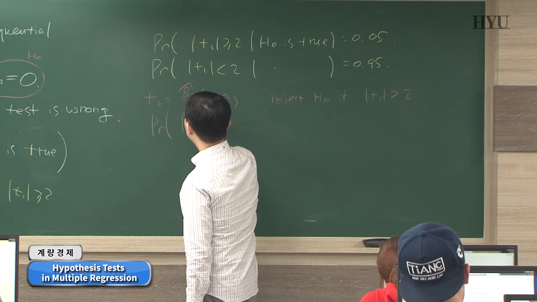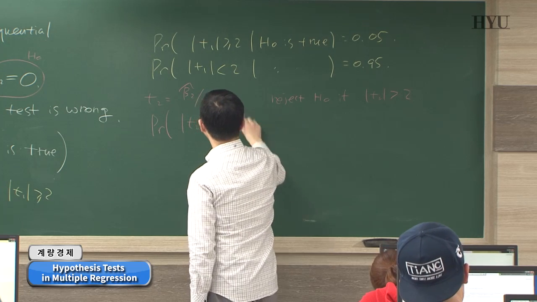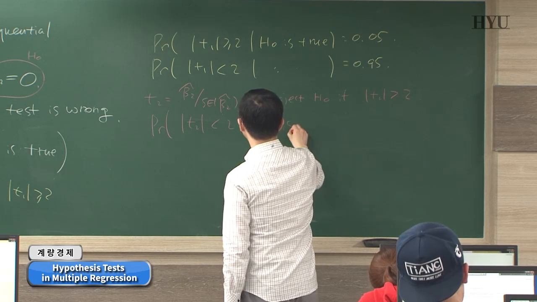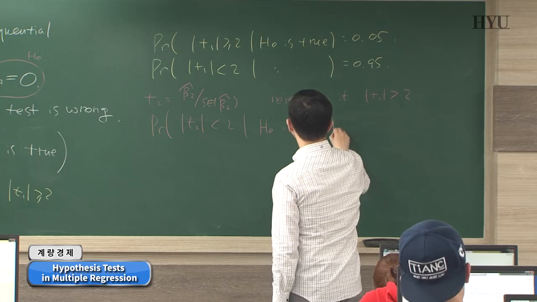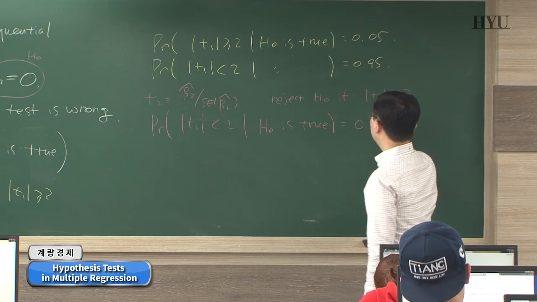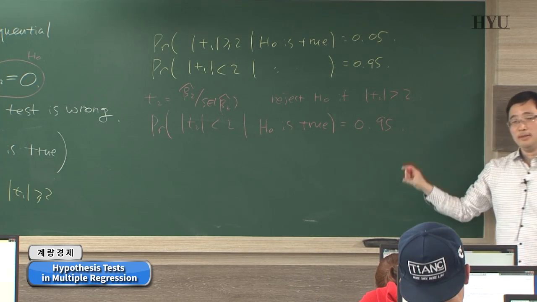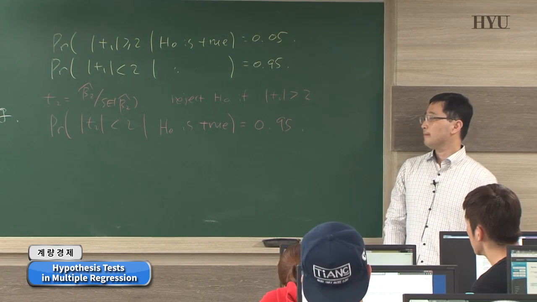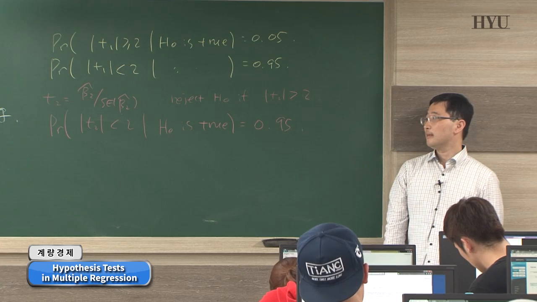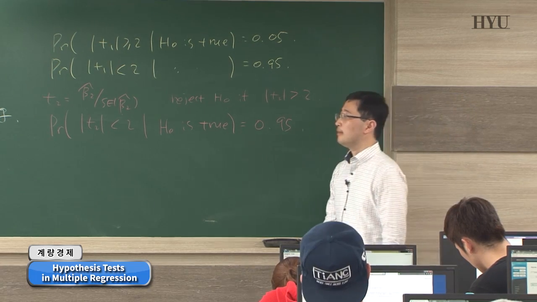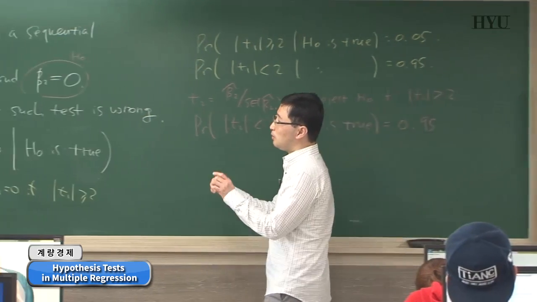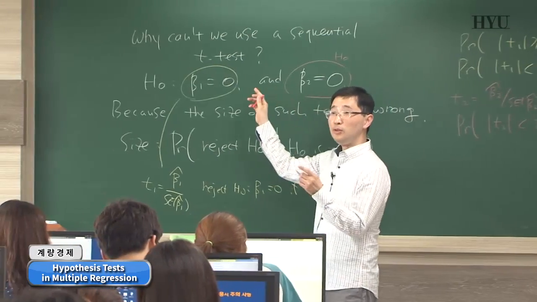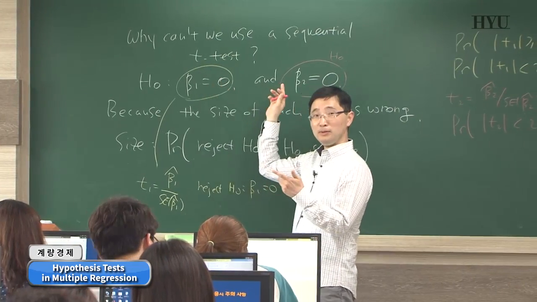It means t2 less than 2, and the opposite probability is 0.05. Now that's when you break down this joint hypothesis into a series of two simple hypotheses, right?